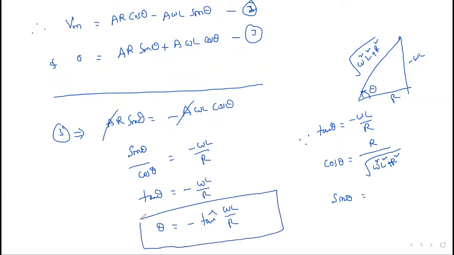Okay, this is also correct. So sin theta is equal to, from this, minus omega L by root of omega square L square plus R square. So we will substitute this cos theta and sin theta in the second equation.